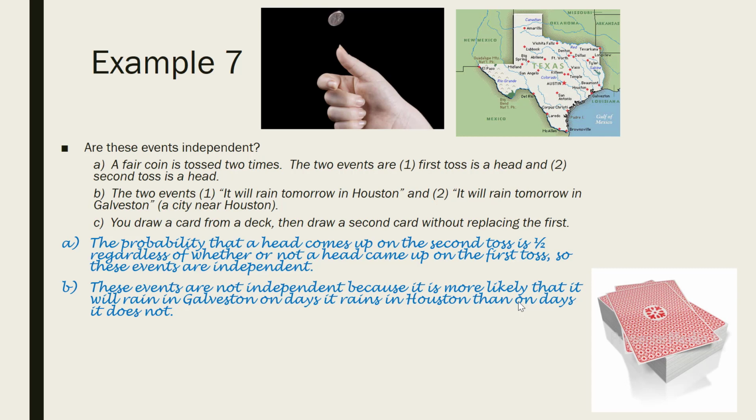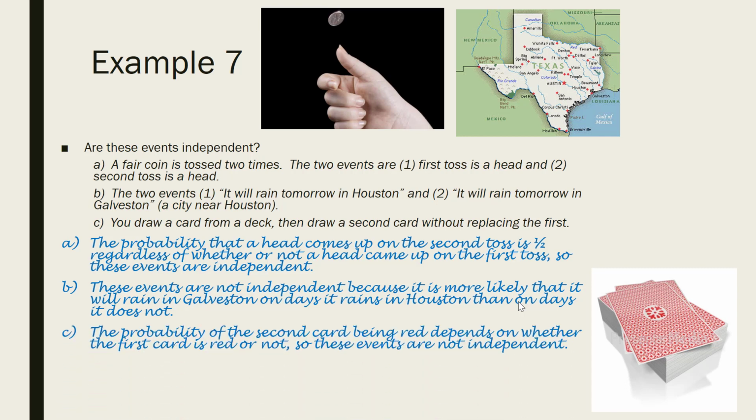And part C says you draw a card from a deck, then draw a second card without replacing the first. The probability of the second card being red depends on whether the first card is red or not. So these events are not independent.